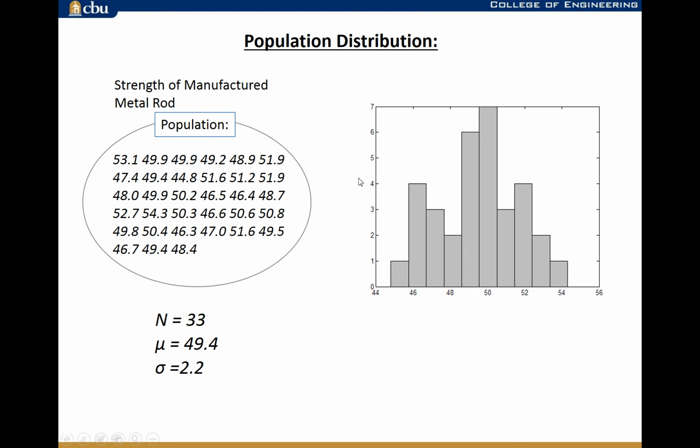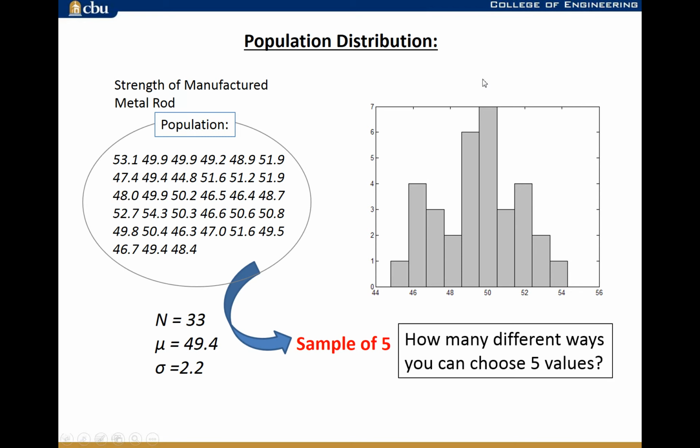We call this a population distribution. When we do sampling, that means I cannot get the 33 data, so I'm going to sample 5 data.